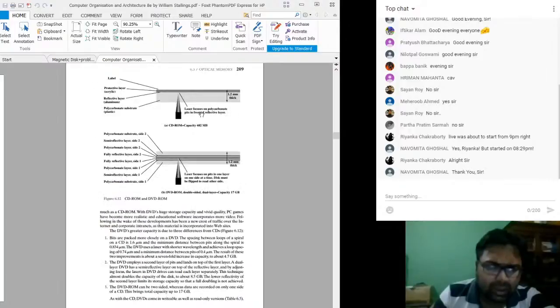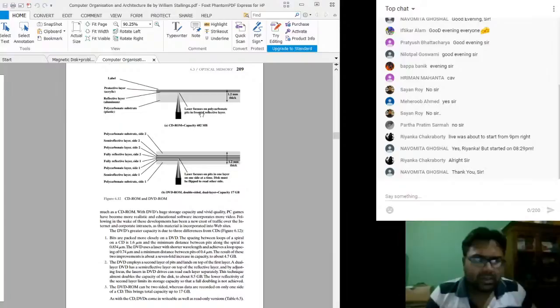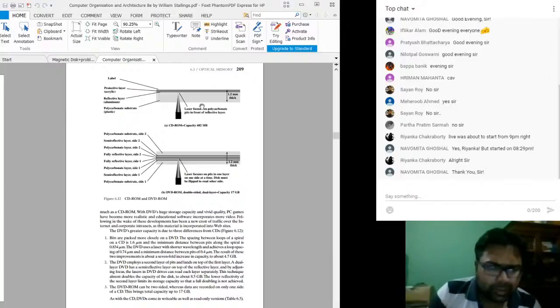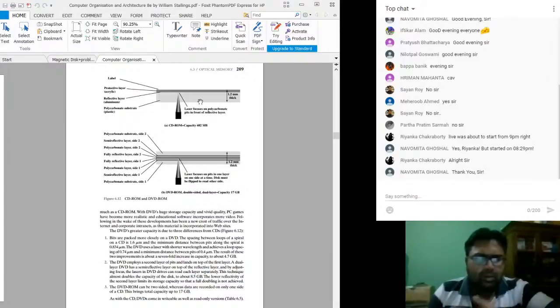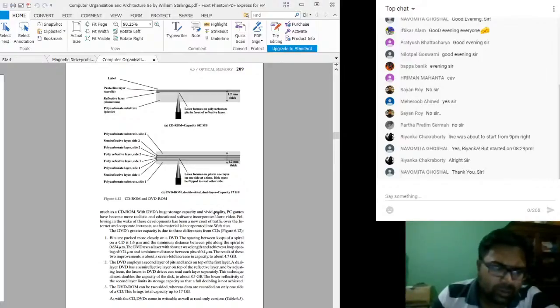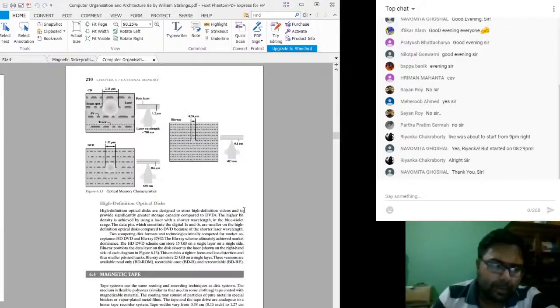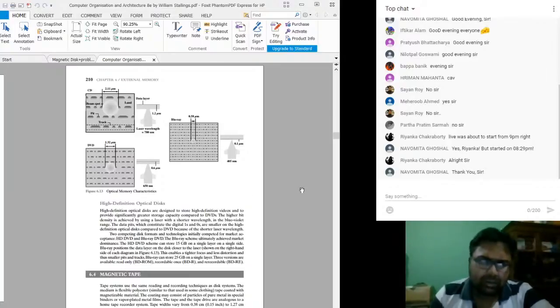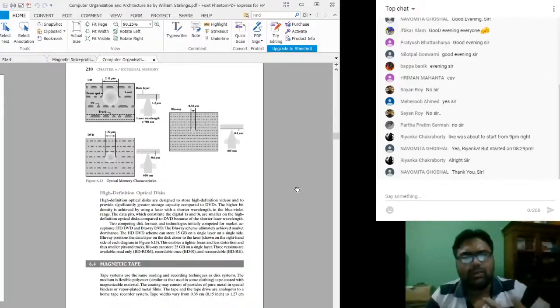For this reason, DVDs are having higher storage with respect to CD-ROMs. Bits are placed more closely on a DVD than on a CD. So just read it. This is only theoretical. You just need to remember their mechanism, how they work.